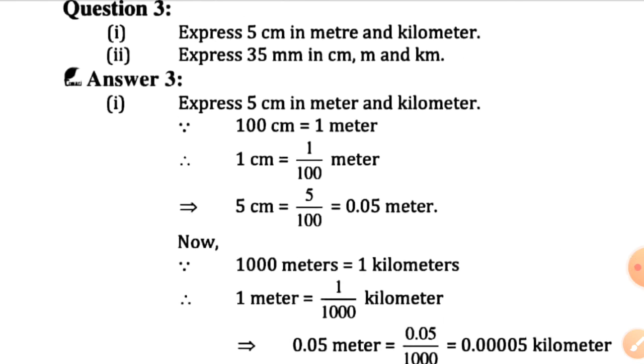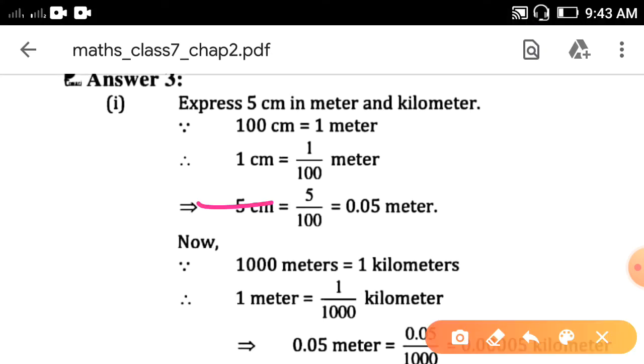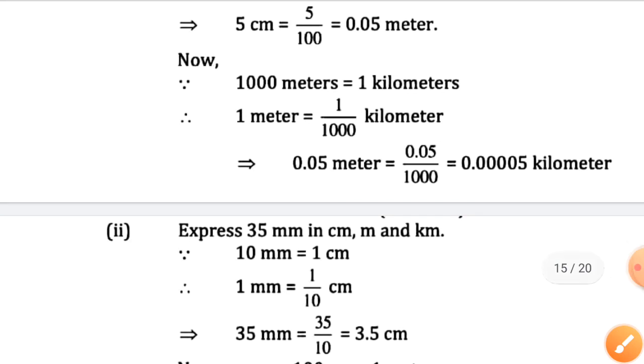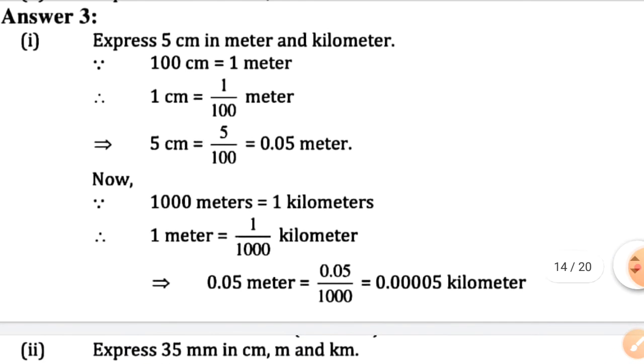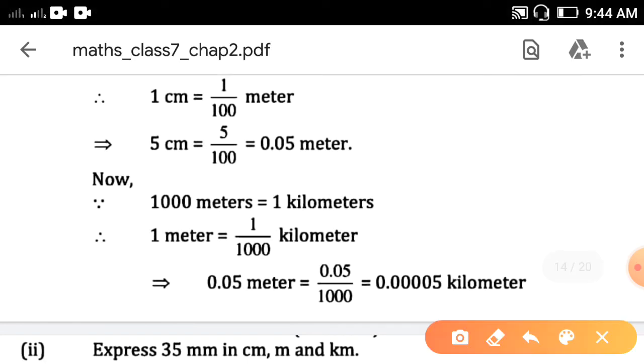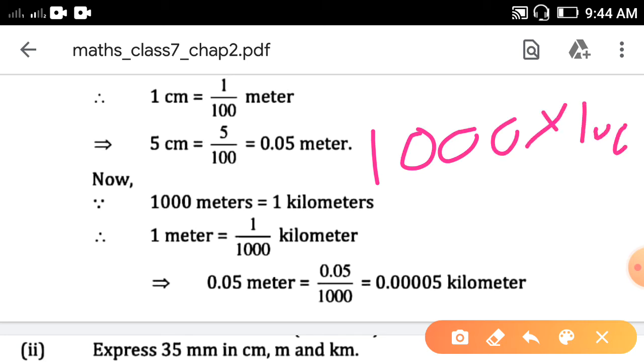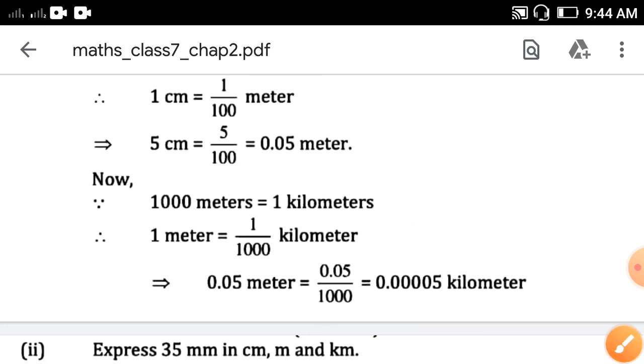Very simple. 5 divided by 100, it means 0.05 meter. 5 divided by, sorry here, not with 1000, actually you have to divide by 1000 into 100. So you have to divide by 1 lakh. Okay, you have to divide by 1 lakh.